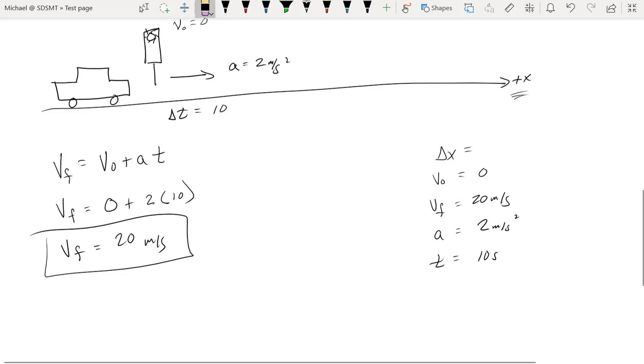But keep in mind that this is a value that we just solved for. This is a value that we just calculated. How confident are you that that is the correct answer?